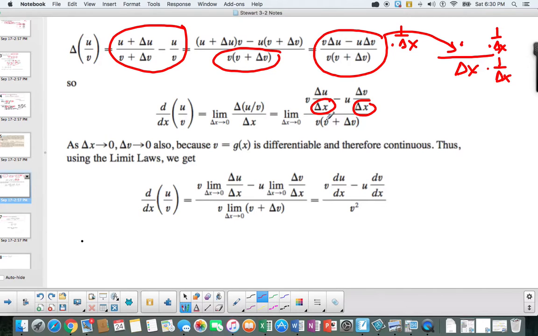The limit of a quotient is a quotient of the limits. The limit of a product is a product of the limits. So we can take all of these limits. This doesn't involve delta x, so that can be removed outside the limit. And then this ends up being a derivative right here. And we can take u out of the limit expression, and this represents a derivative here. And v can be moved out, and as delta x goes to 0, all the small changes also go to 0, and this will be v. So v times v is v squared.